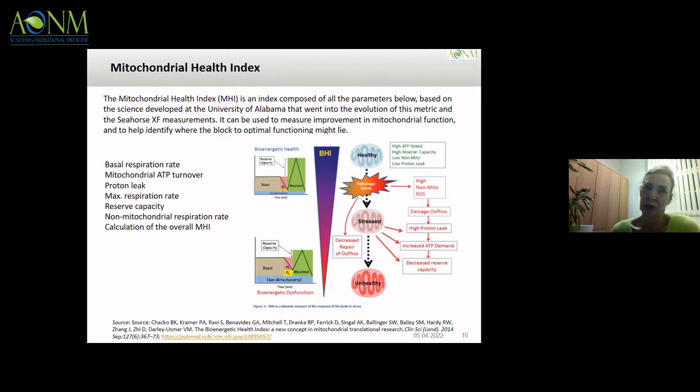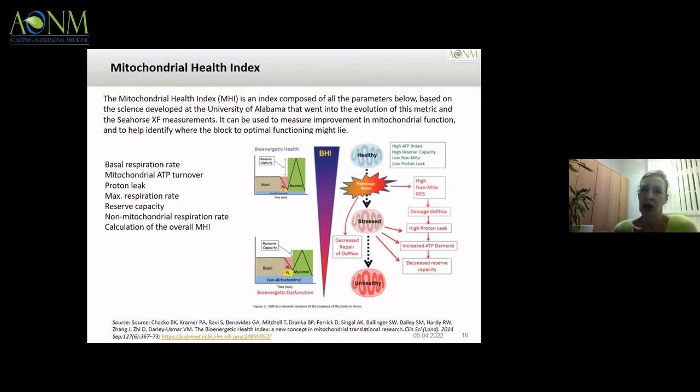But the mitochondrial health index, MHI in abbreviation, means if it's a very high value, then you have healthy mitochondria. And healthy mitochondria have a high ATP production. They have a high reserve capacity, so if you need ATP, they have a high reserve.